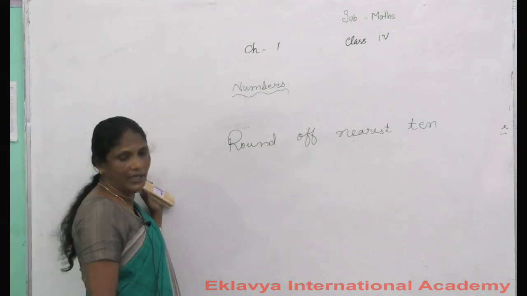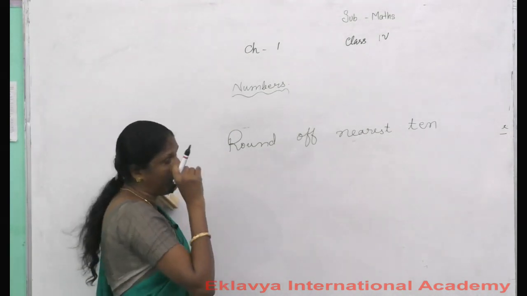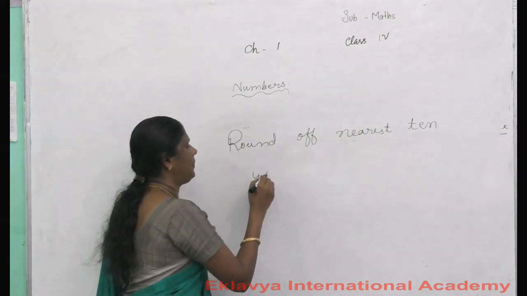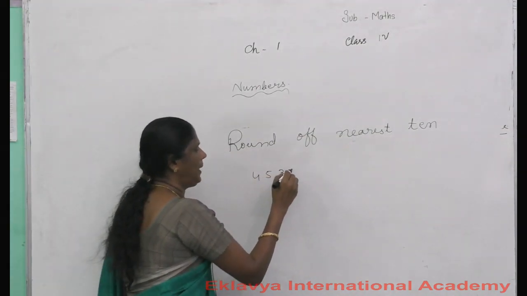We round off to the nearest 10. We look in the ones place. Which place do we look at? The ones place.